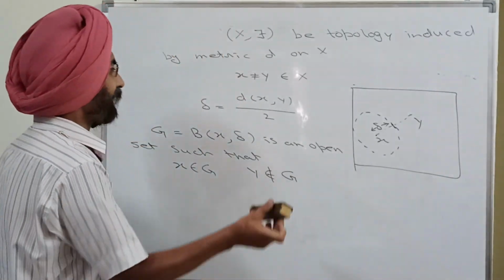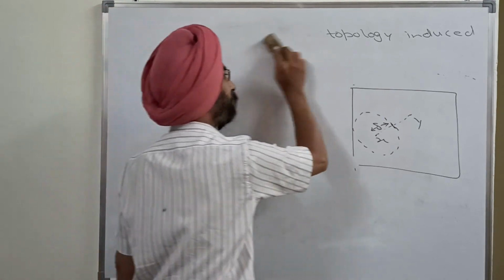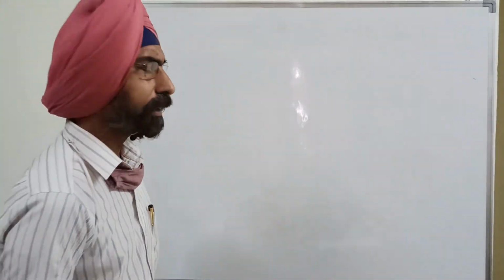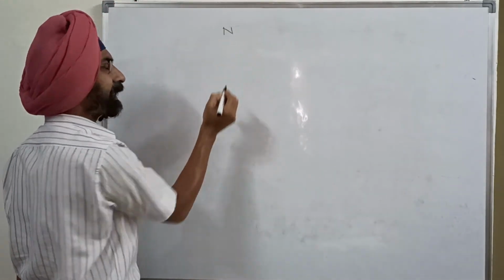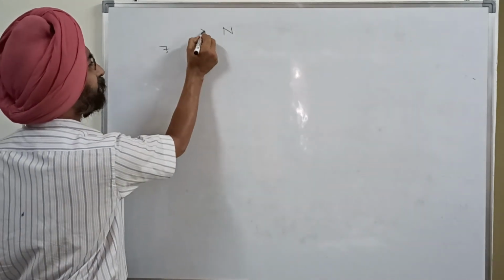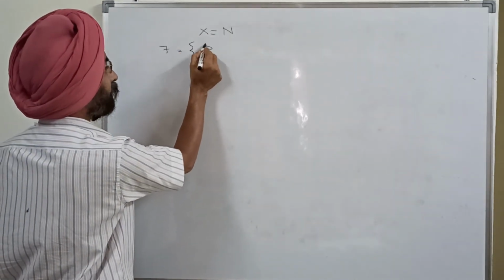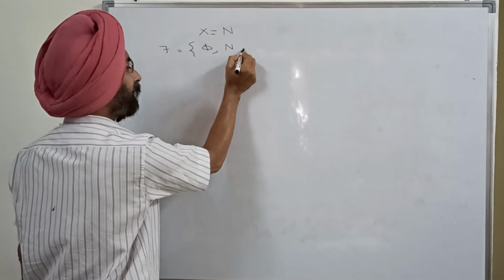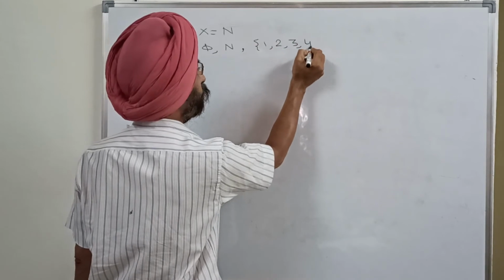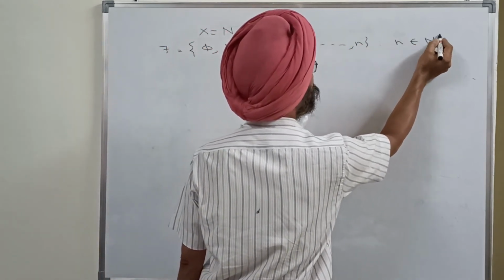We'll move on to another example. So I'm taking another example. You must have seen this example when you started the course of topology. So N, we know that N is the set of natural numbers, and I'm taking the topology. This is our set X, the set of natural numbers, and the topology is phi, N, and all subsets of the type {1, 2, 3, 4, and so on up to n}, where n is any natural number.